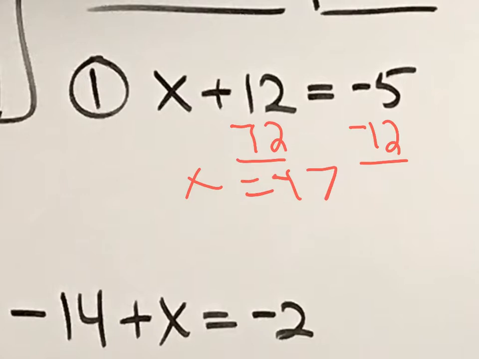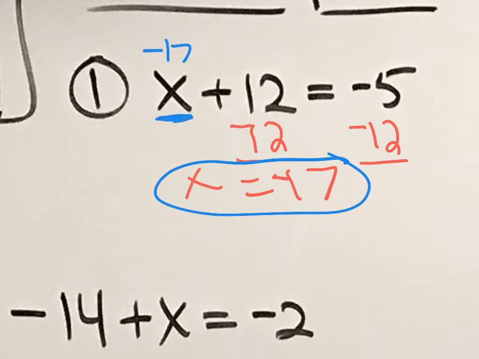So let's say you took a quiz on Friday and you got this answer. Thank you, Chris, for volunteering right there. Let's say you got the answer x equals -17. What does that mean? That means that this x right here is really -17. So if you have some time left over on a quiz, you might as well go back to your questions and plug in your answers and see if it actually gives you a true statement. So if I plug in negative 17 right there, it's going to say negative 17 plus 12.